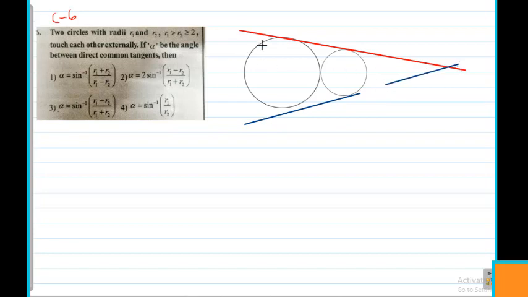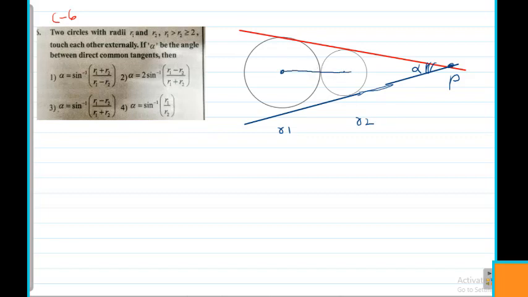Let them meet at a point, say P, so that this angle is alpha. So we want to find that angle now. What is given? The radius of the bigger circle is given as R1. The radius of the small circle is given as R2. So this is the center of the first circle. This is the center of the second circle.